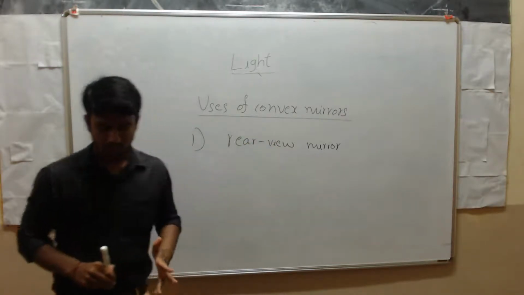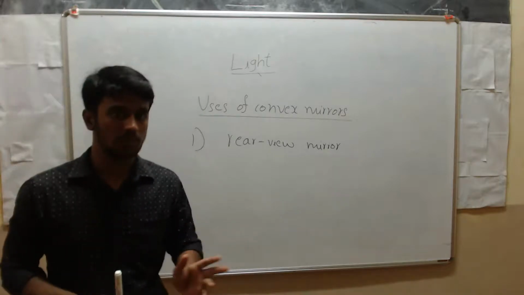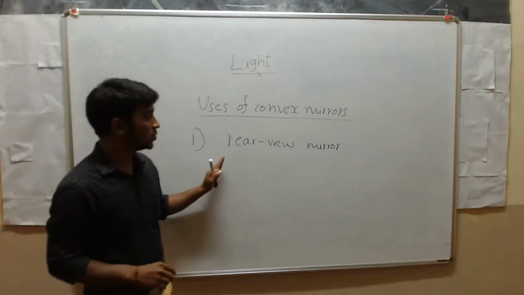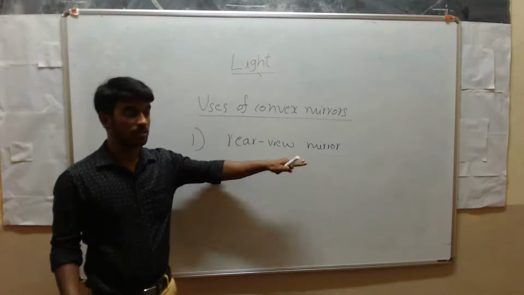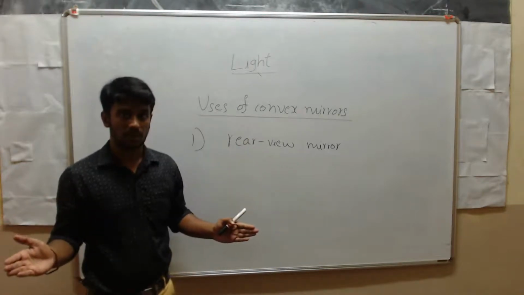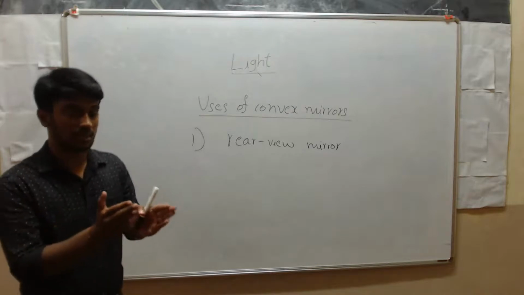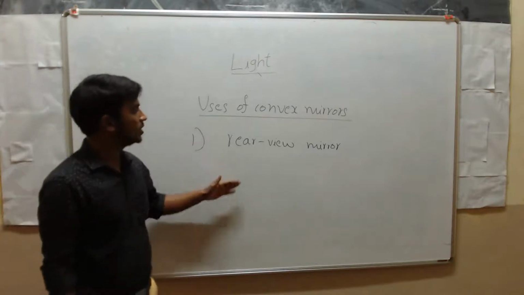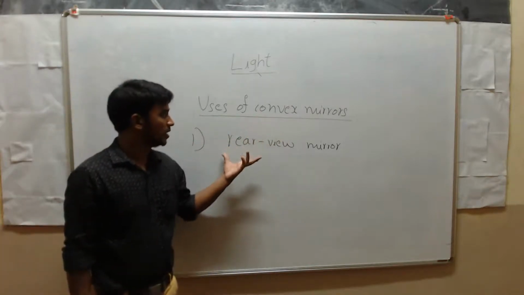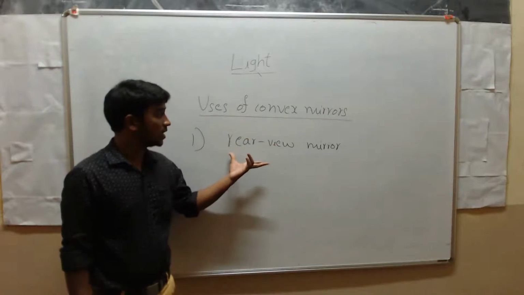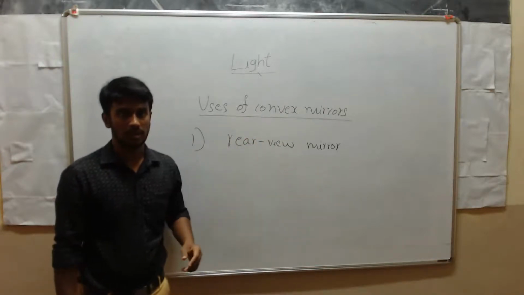The size of the image is not greater than the size of the object, and it covers a wider field of view, a wider area, to facilitate safe driving for the driver. So that's why we use convex mirrors as rear view mirrors in automobiles.